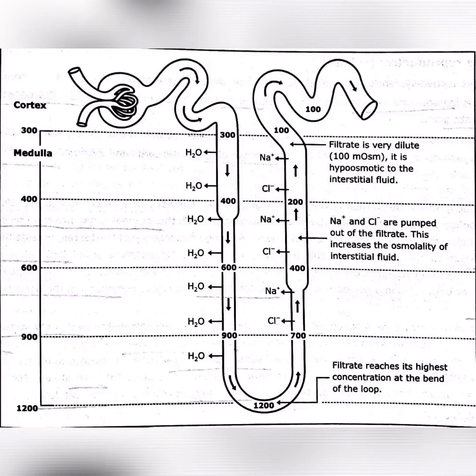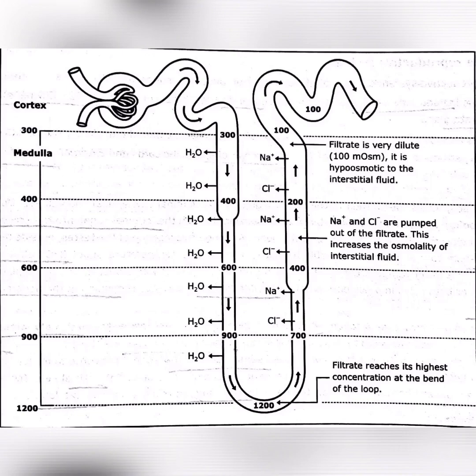So overall the net filtration pressure is 55 minus 30 minus 15, which is 10 mmHg. As the glomerular hydrostatic pressure is high, the filtrate enters into our nephron.